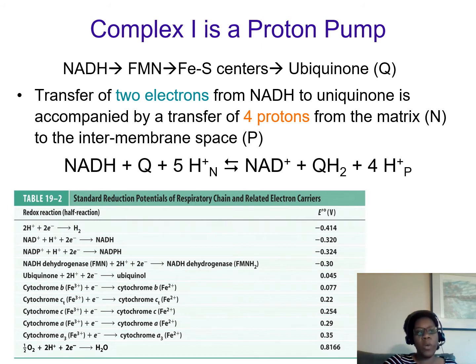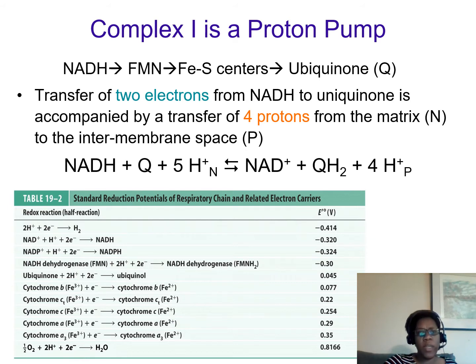All right, and so very briefly, just a closer look at why these electrons are being transferred from one molecule to another. A simple way to remember it is that we're transferring from, say, NADH, which has a lower affinity for electrons, to Q, which has a higher affinity for electrons.